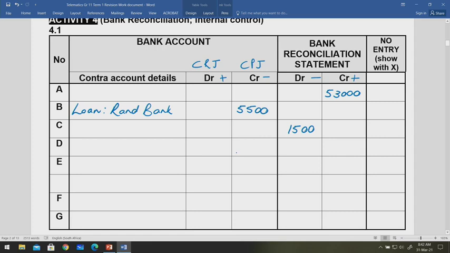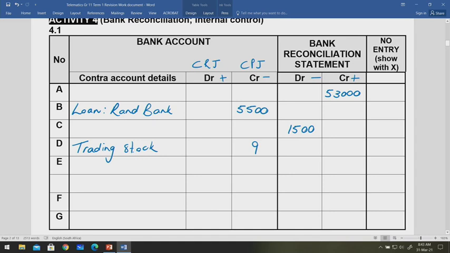The EFT was for 265. EFT goes into the CPJ. It was for 265, but we only wrote 256, so we need to enter another 9 Rand in the CPJ. And this EFT was for stock purchased, so the contra account will be trading stock. We credit bank and we debit trading stock.